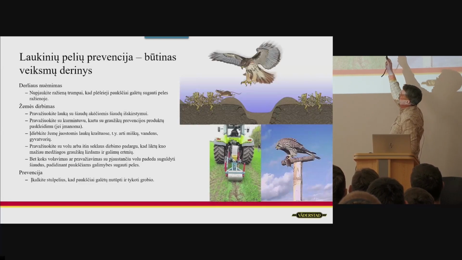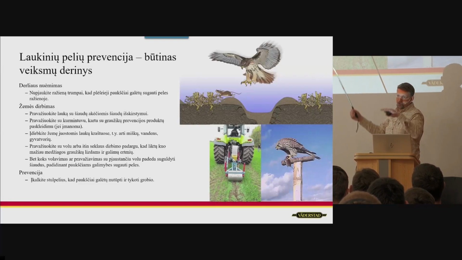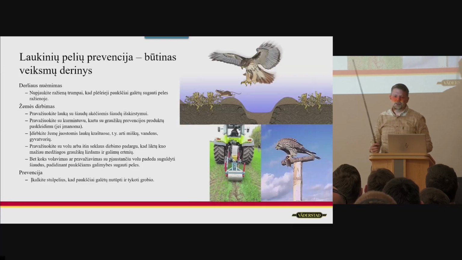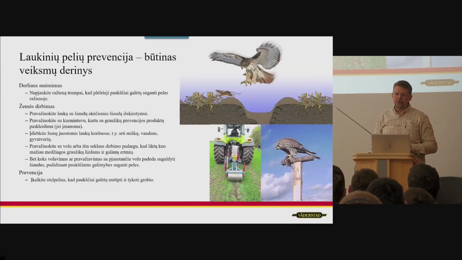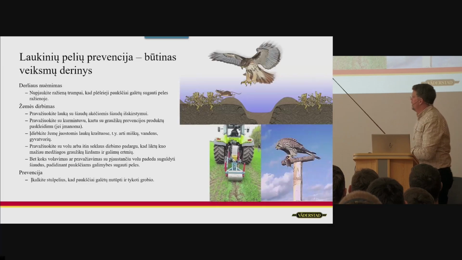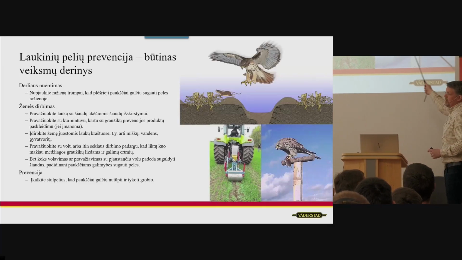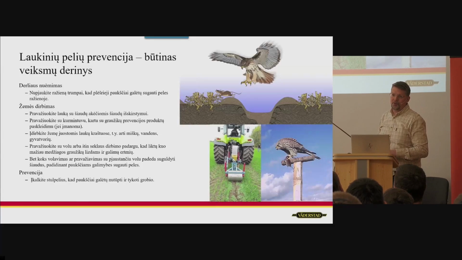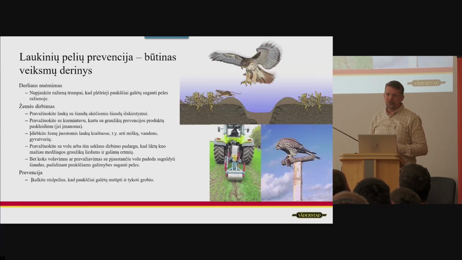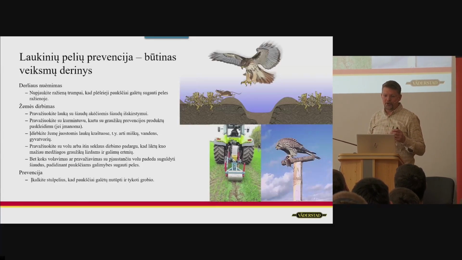So we need to keep the residues short, the straw short, the stubble, and if we can keep it close to the ground, that's one thing to keep in mind. We can put up places where they can sit and hunt, so that keeps down populations quite well also. So it's a lot about prevention, so to say.